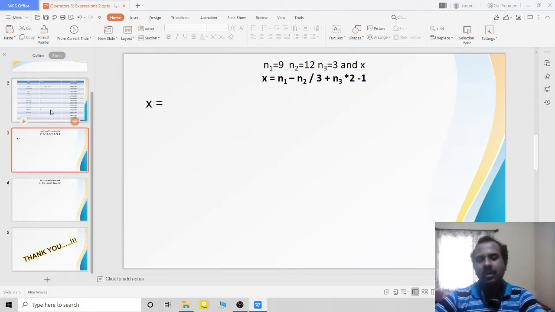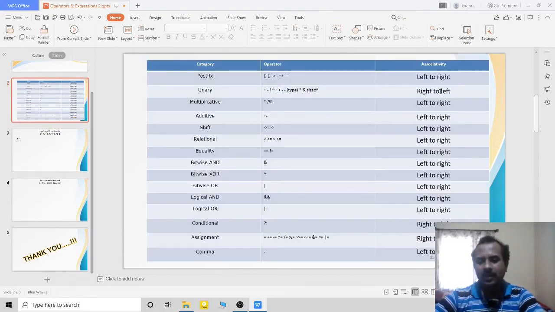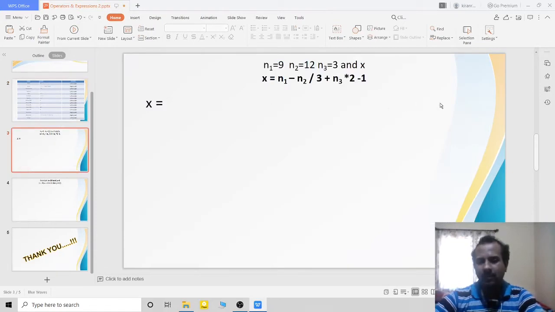So I have to check the associativity again. Associativity says that you should execute from left to right, that is left hand side to right hand side.